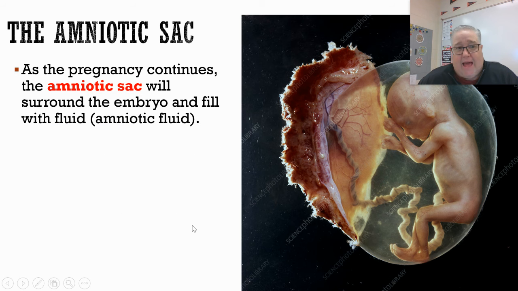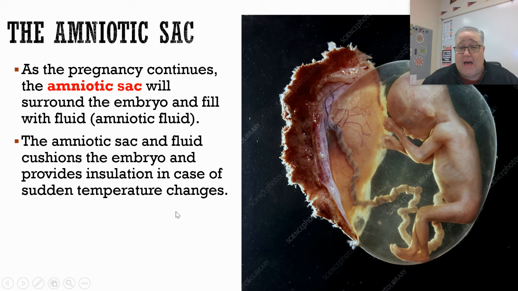The amniotic sac. As the process of differentiation and gastrulation occurs, and eventually the baby starts to develop, there's a structure called the amniotic sac that forms and will surround or encompass the embryo as it continues to develop. Now, that sac is going to fill up with fluid called amniotic fluid.